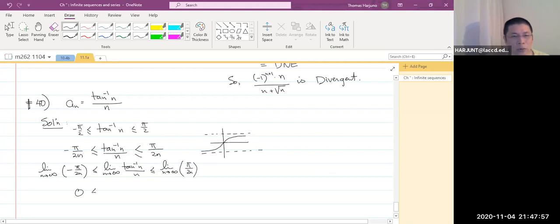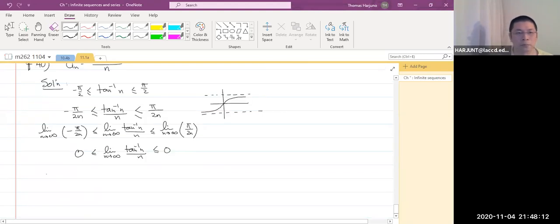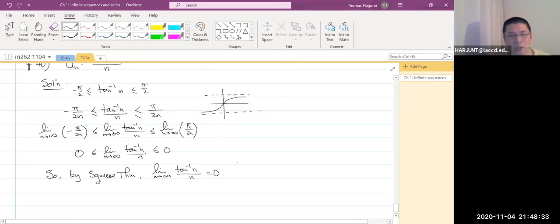We get this is 0. The limit as n goes to infinity of tangent inverse of n is less than or equal to 0. So by the squeeze theorem, the limit as n goes to infinity of tangent inverse n over n equals 0.